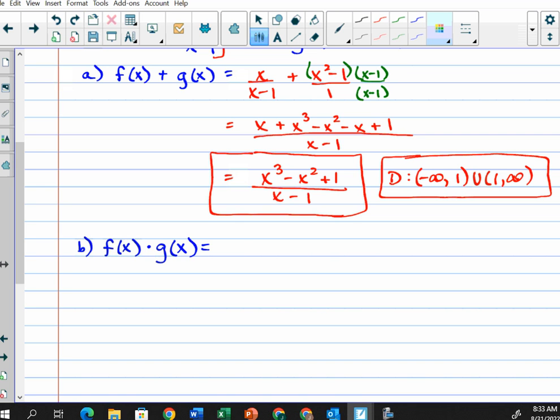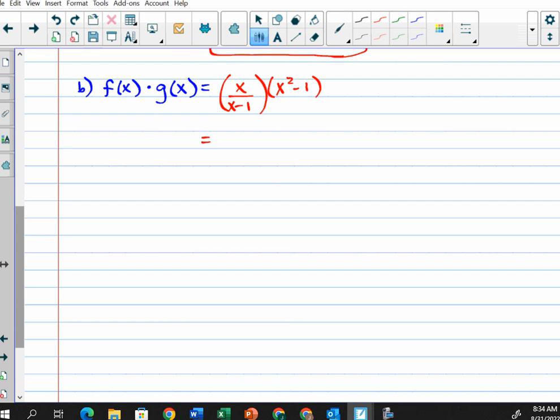All right, guys, so multiplying these, you're just going to write x over x minus 1 times x squared minus 1. Okay, you could distribute your x, multiply. Remember with fractions, multiplying, it's just numerator times numerator, denominator times denominator.